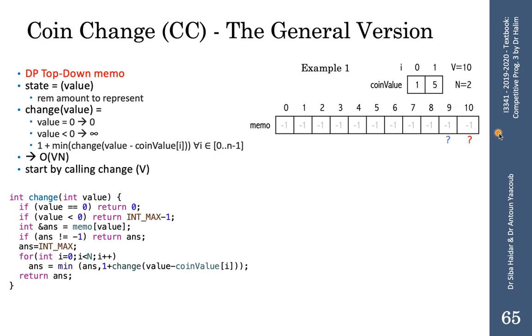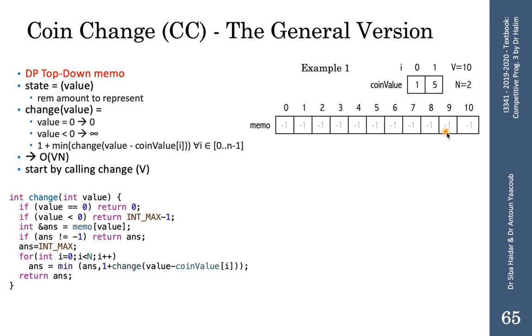In order to calculate it, I have to know: is it having the minimum number of coins to represent 5 cents plus 5, because I have a coin of value 5? So is it adding a 5 value to the minimal number to represent the value 5, or is it adding the coin of 1 to the minimal number to represent 10 minus 1, which is 9?